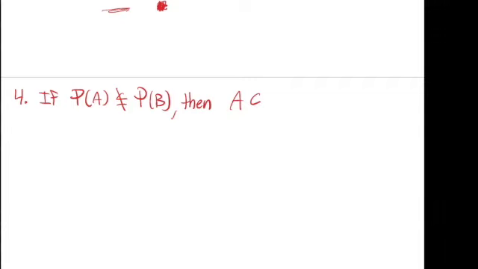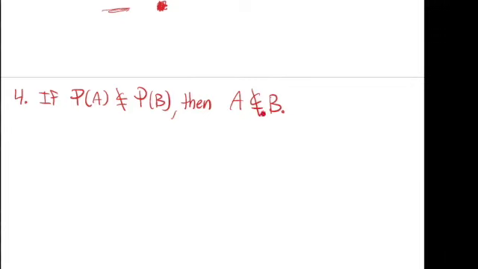So working on the same worksheet, let's take a look at question number 4, which deals with power sets. Statement 4 was: if the power set of A is not a subset of the power set of B, then A is not a subset of B. I hope it's pretty clear what this notation means.